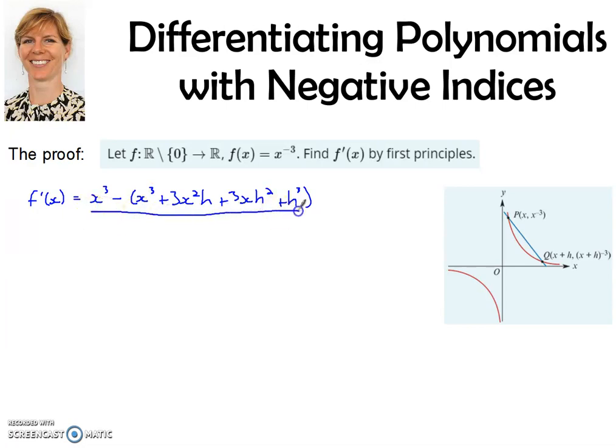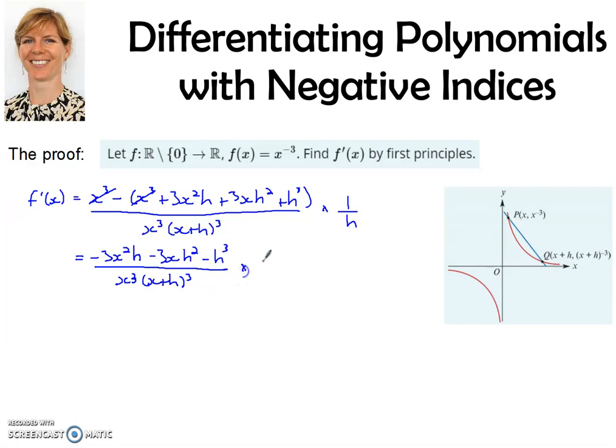Okay, and that's going to be over x cubed times x plus h cubed, and then of course still times 1 over h. Now when I simplify this, that will cancel out with that, and this will leave me with what's left in here. Don't forget that it's negative out the front, so negative 3x squared h take 3xh squared take h cubed over x cubed times x plus h cubed times 1 on h.